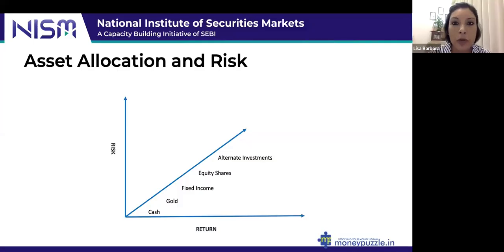The part of your portfolio which requires capital safety, which you cannot under any circumstance take risk with, falls in the lower part of the graph. And risk and return go hand in hand, which means that if you are going to take more risk, then the probability of earning higher return is there. Or if you flip it, if you want to earn higher return, you need to take more risk. However, with some investments, the objective is not higher return.